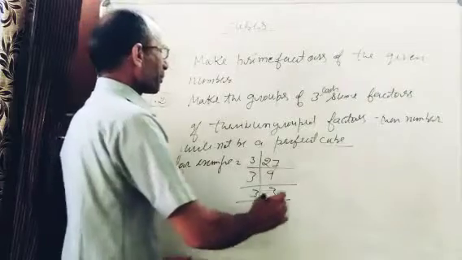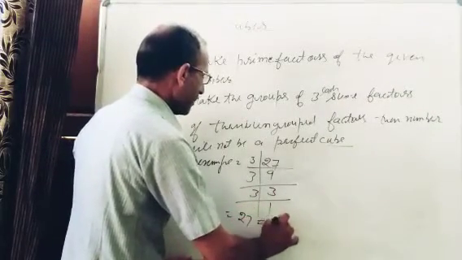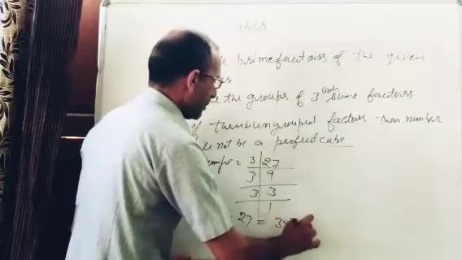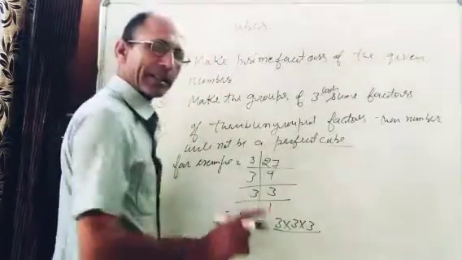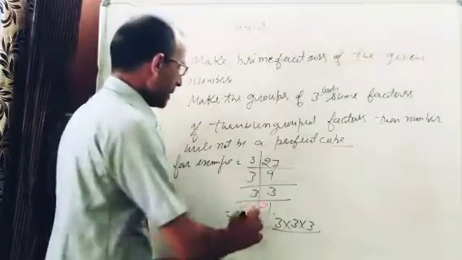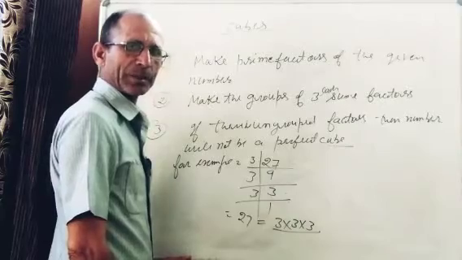So 27 can be written as 3 multiply 3 multiply 3. So the same factor is coming 3 times. It means this is a perfect cube. Have you understood?